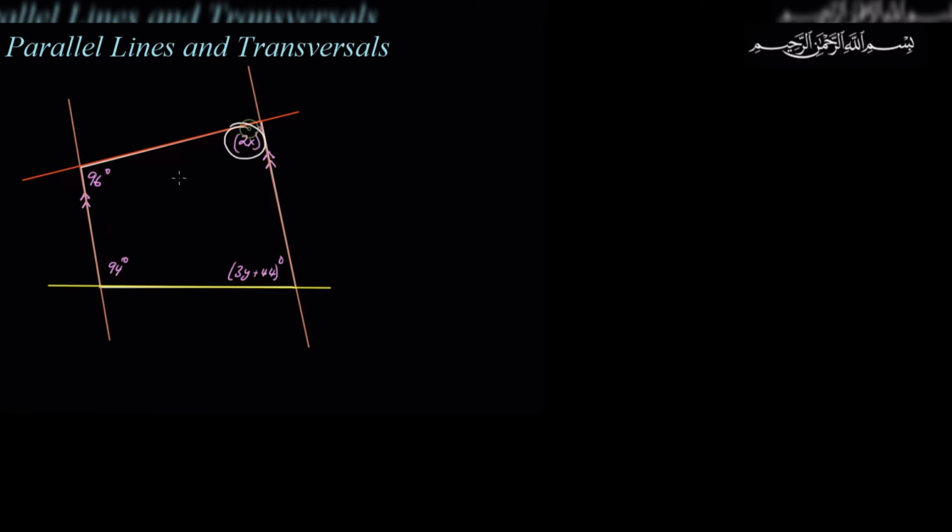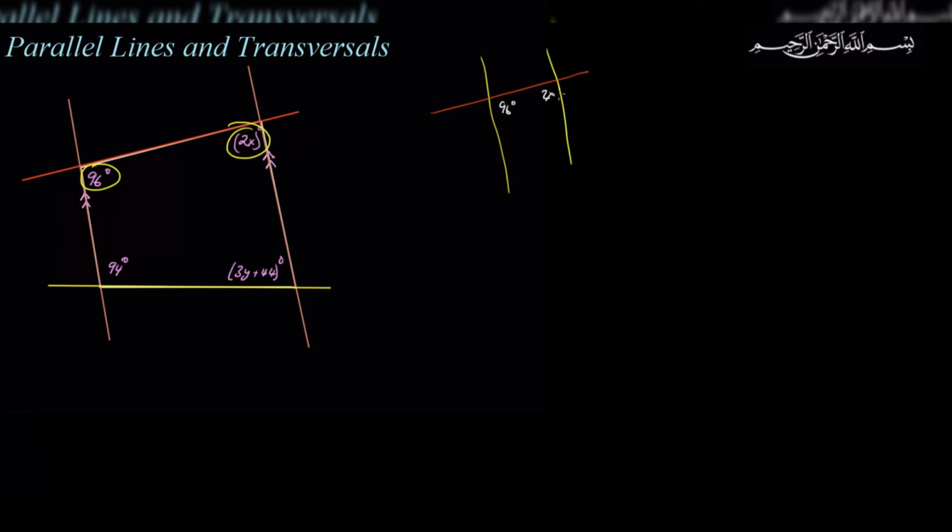How do we solve for x over here? Well, here's a parallel line and here's a parallel line, and the transversal that's cutting those two parallel lines is this one over here. So that's what we're going to use. The transversal is going like this, and that's 2x here, and that's 96 degrees over here.